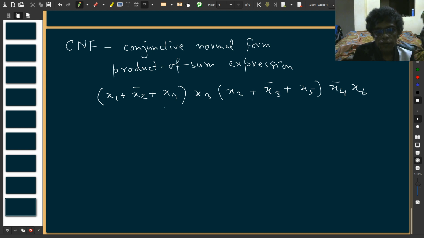Or I can write it like this. Okay. So I will use both these notations interchangeably, either this popular product form with bars or using these wedges and V's.